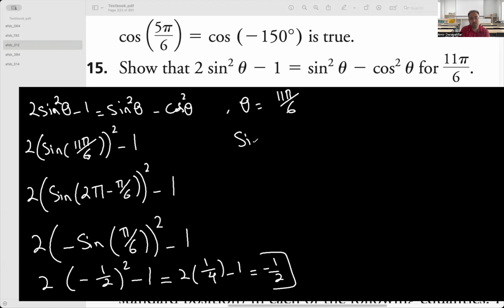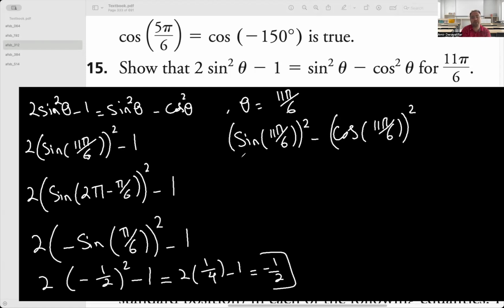Let's try the right side. Right side would be sine squared of theta, so theta is 11 pi over 6. So that is sine of 11 pi over 6 squared minus cosine of 11 pi over 6 squared, right? In the same manner, sine of 11 pi over 6 is sine of 2 pi minus pi over 6, which is negative sine of pi over 6, squared, minus cosine of 11 pi over 6, which is cosine of pi over 6.